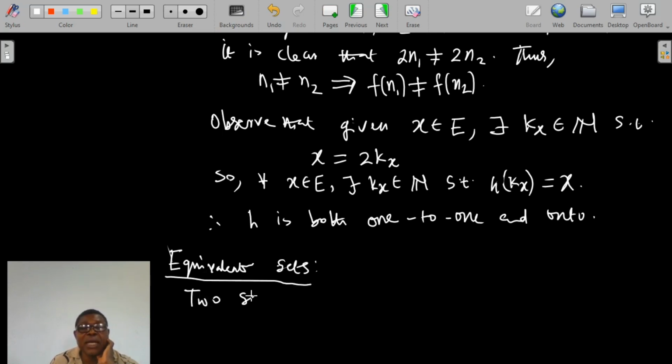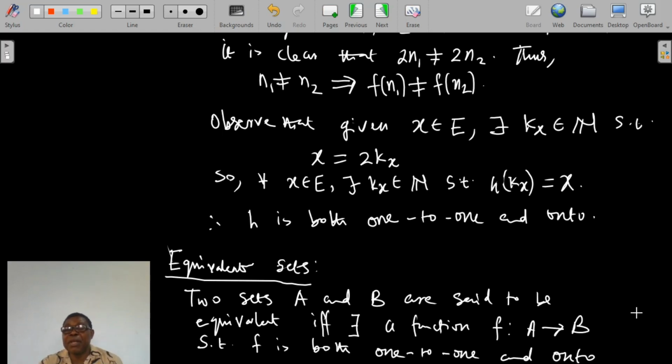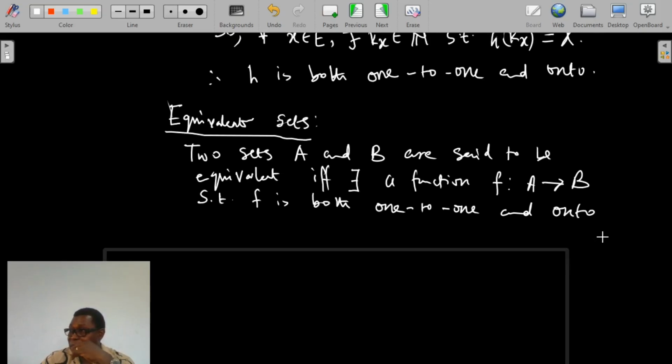Two sets A and B are said to be equivalent if and only if we can find a one-to-one onto function from A to B or from B to A. So whenever we establish the existence of a one-to-one onto map from a set A to a set B and vice versa, we say that the two sets A and B are equivalent.